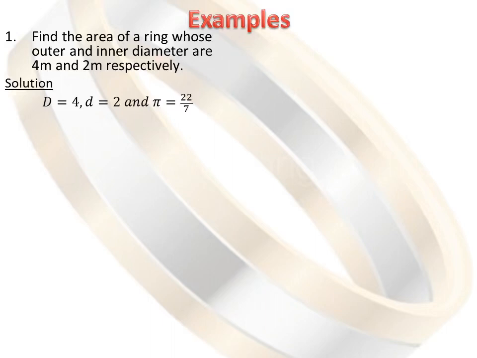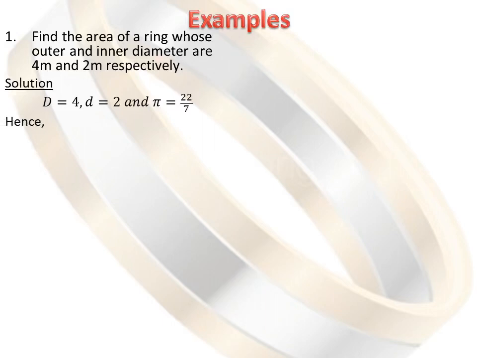Here we all know that with regard to questions involving pi, the value of pi is equal to 22/7 or 3.14. So here we adopt 22/7 for the value of pi.